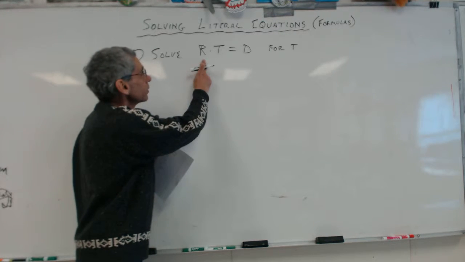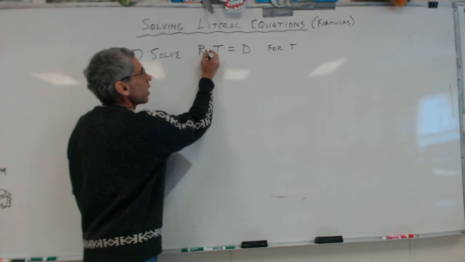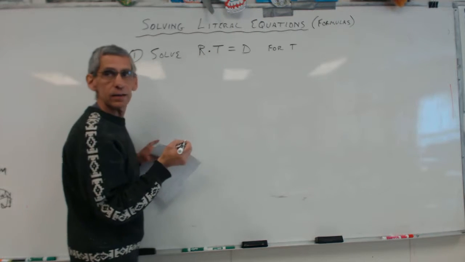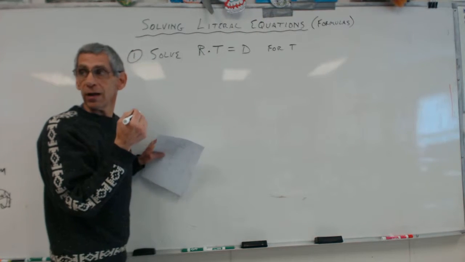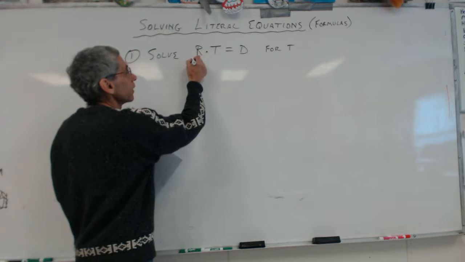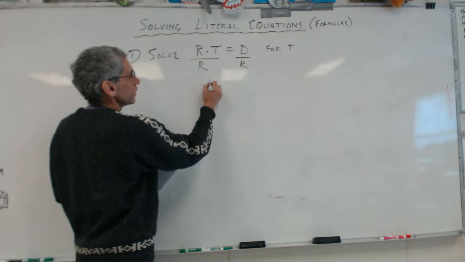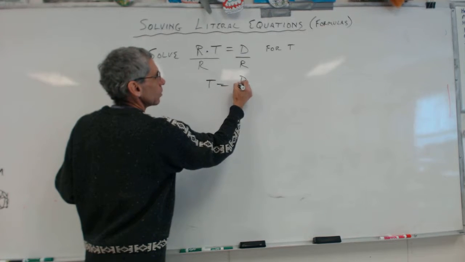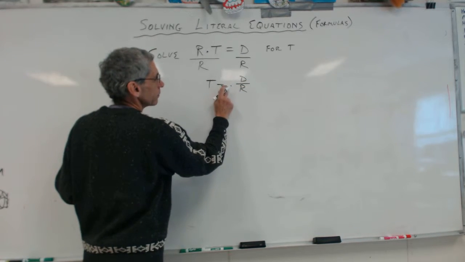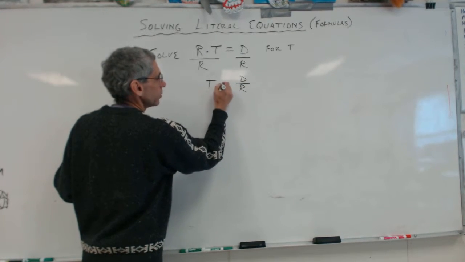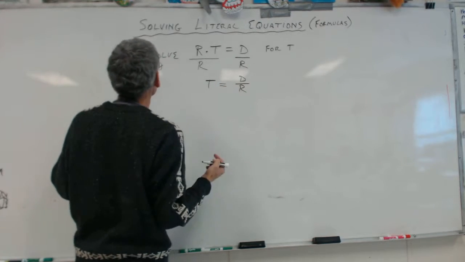The r. What is this r doing to the t? Multiplying. The opposite of multiply is divide, so I divide by r, and that gives me t is equal to d over r. I'm done. All I had to do was solve for t.